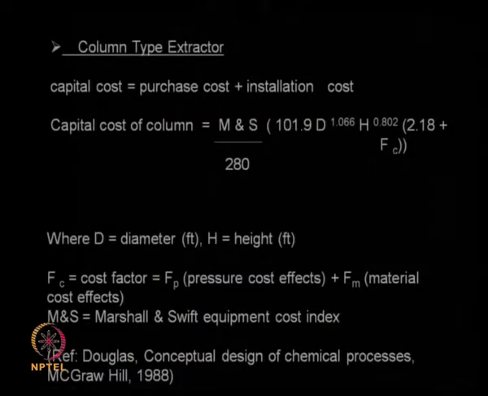The capital cost of a column is made up of many factors: the diameter of the column, the height of the column, the material of construction, and the pressure at which you are operating the column. All these factors have an effect on the capital cost based on certain exponents, and that is what these equations tell us, which we will continue in the next class.